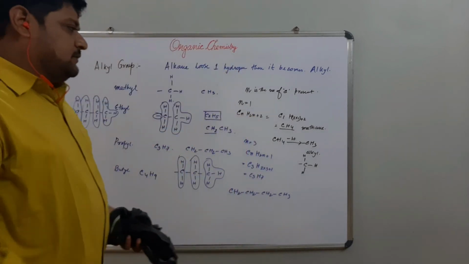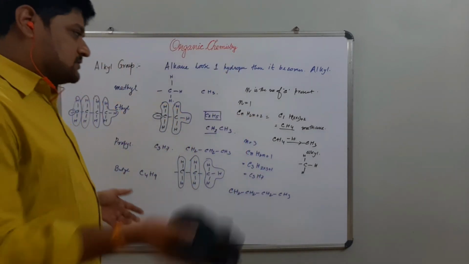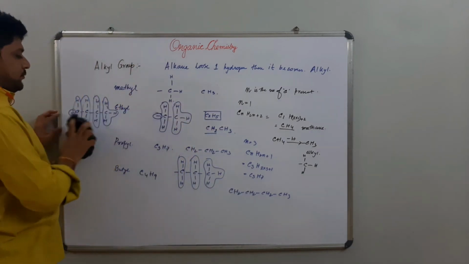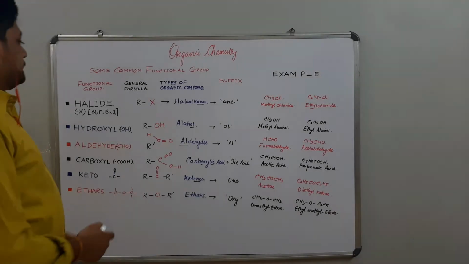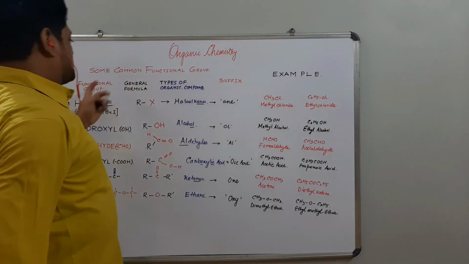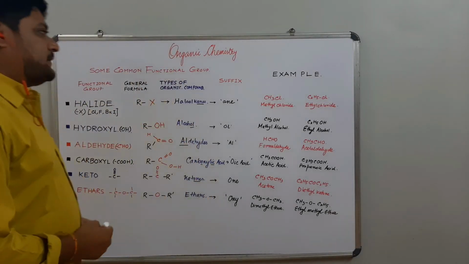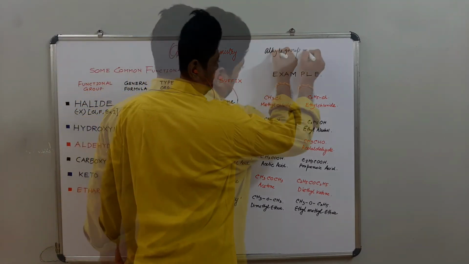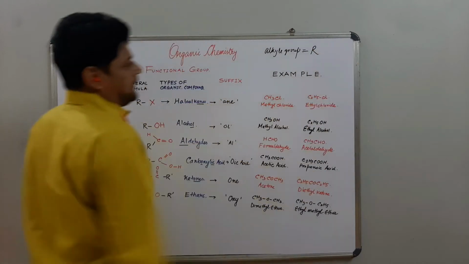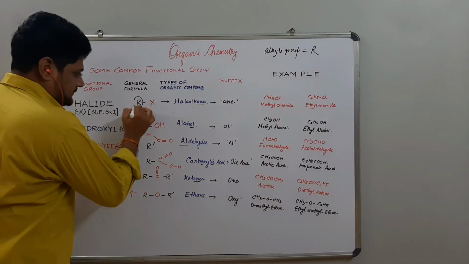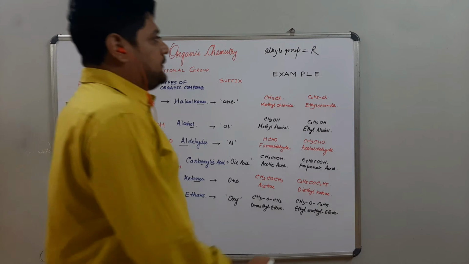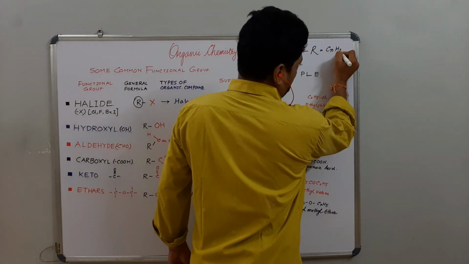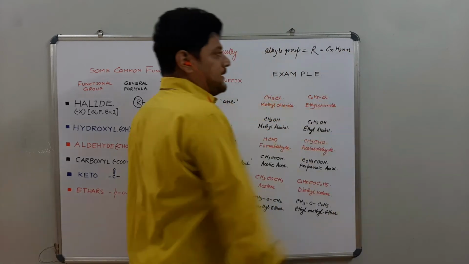Now we can show how some other group can be attached to that vacant bond. We are going to discuss some common functional groups which are attached to the alkyl group. The alkyl group is represented by R. Its formula is CnH2n+1. Why 1?